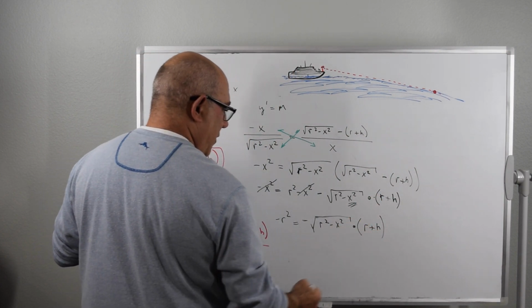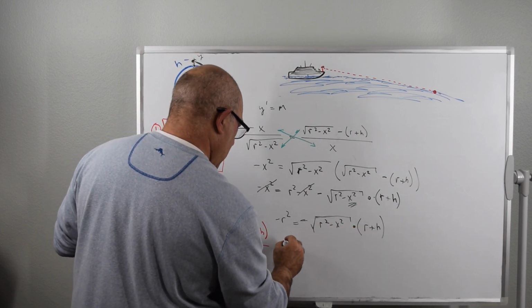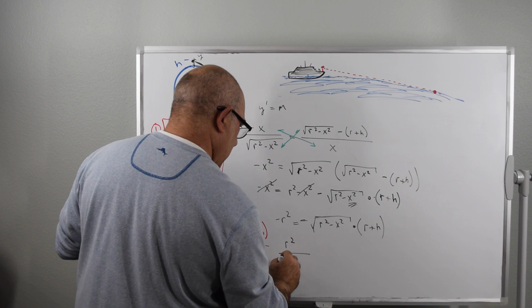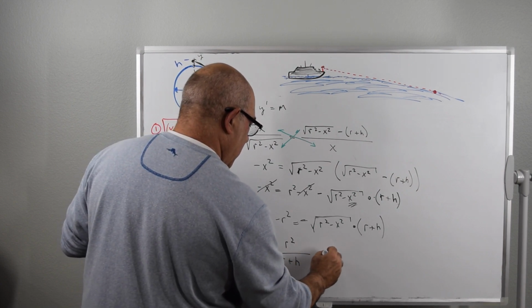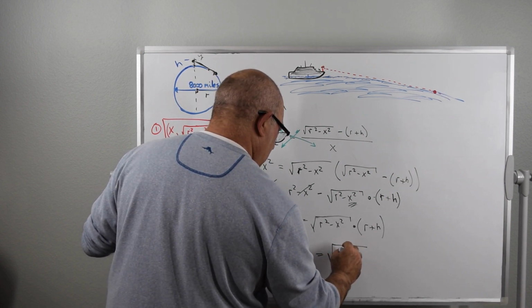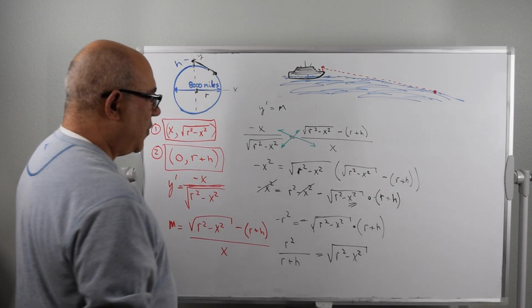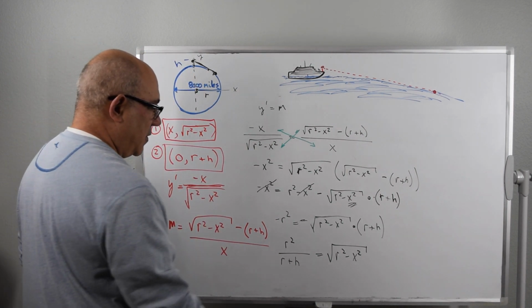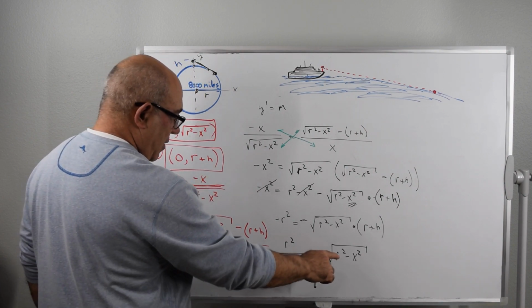So now we can divide through by minus r plus h, and we get r squared, because the minuses are going to cancel, over r plus h equals the square root of r squared minus x squared. Okay? So now what we have to do is square both sides, and then we'll be able to get to the x squared piece.